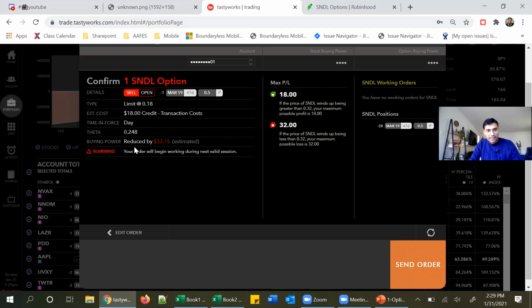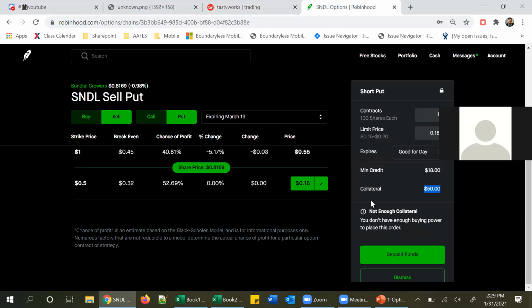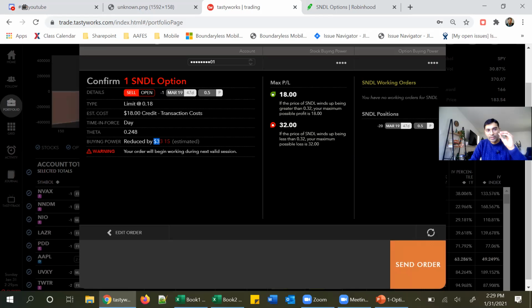My buying power is reduced by how much? 33.15. That's why I keep telling people there is an advantage of using Tastyworks or some other account, because your buying power does not reduce as much as on Robinhood. In Robinhood my collateral is $50, but here my buying power is reducing by $33.